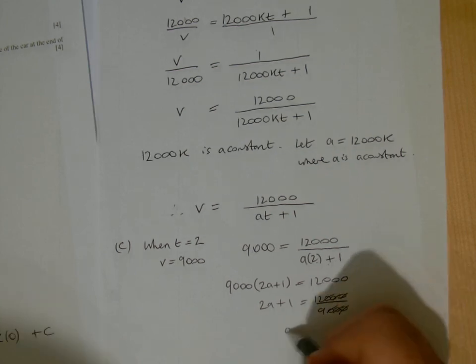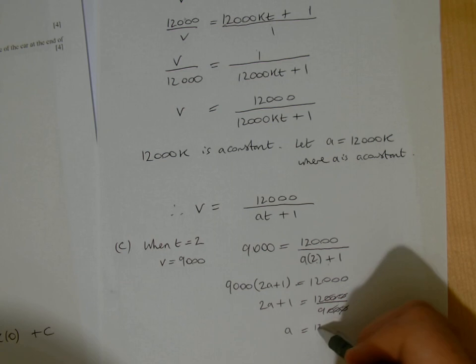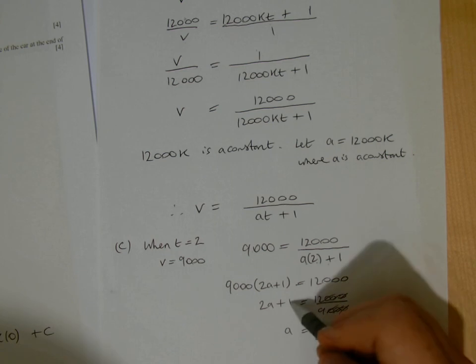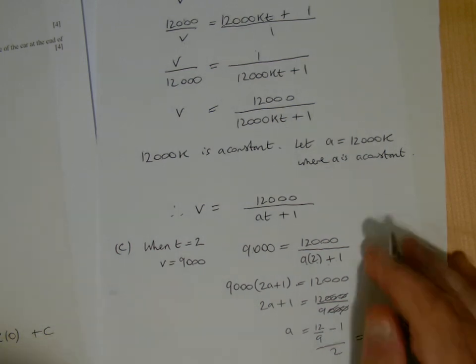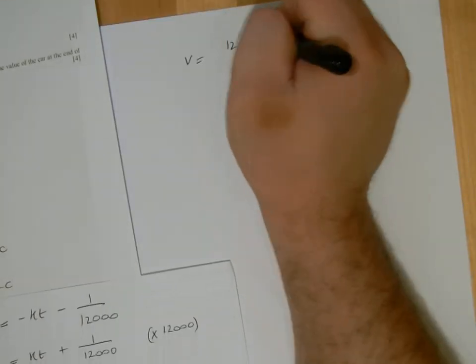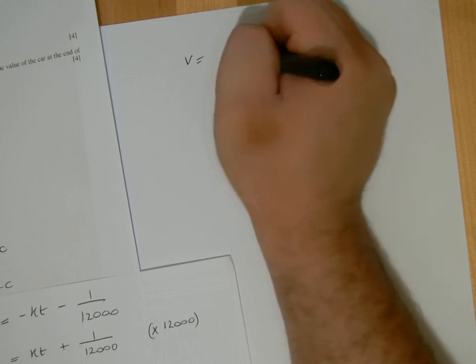And then I can get a from there. So it'll be 12 over 9, take that 1 over, so we go minus 1, and then divide the whole thing by 2. If I do that on my calculator, I get 1/6. Therefore v is equal to 12,000 over 1/6 t plus 1.